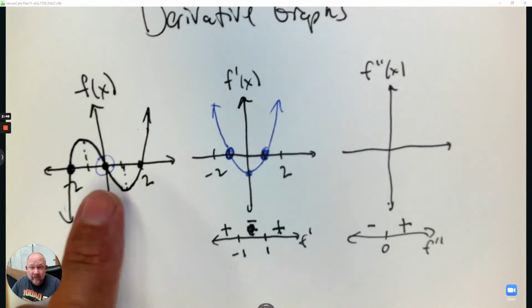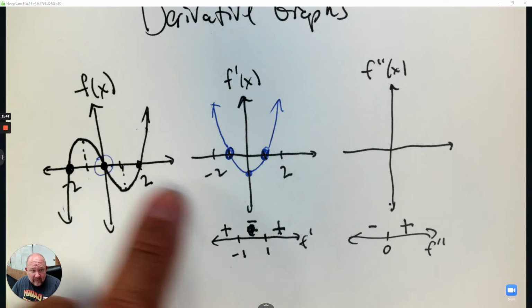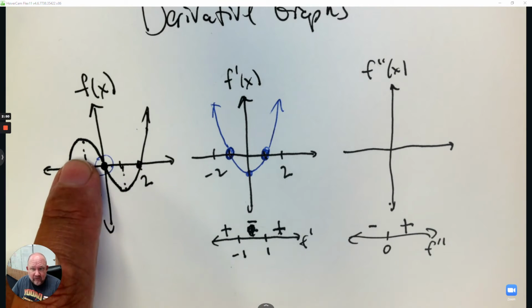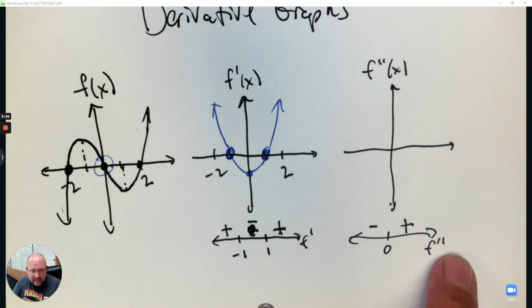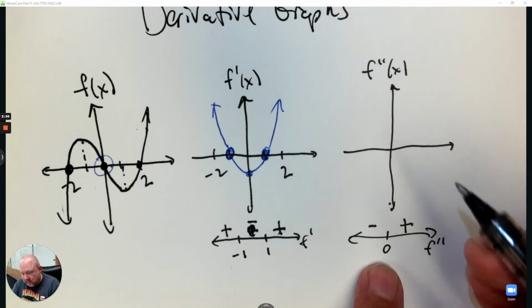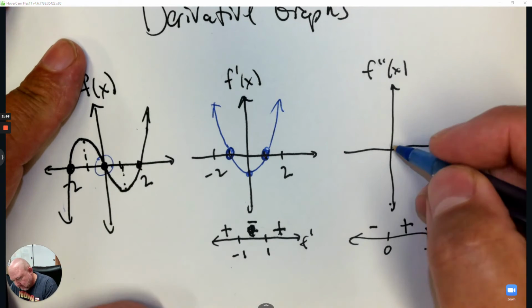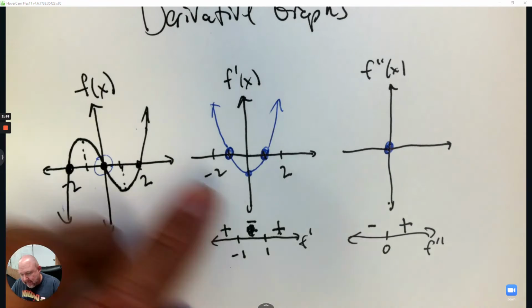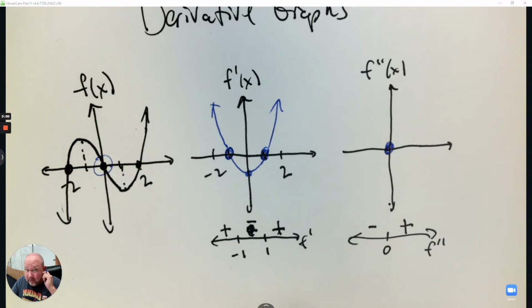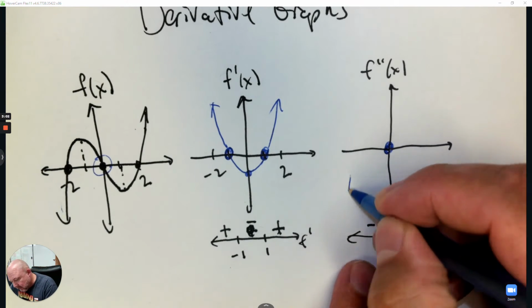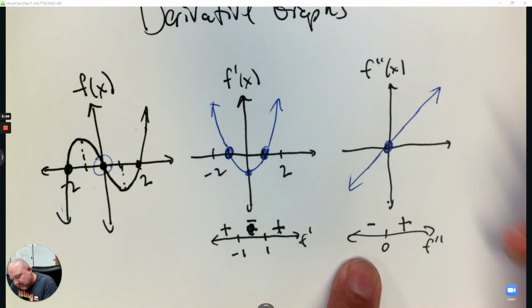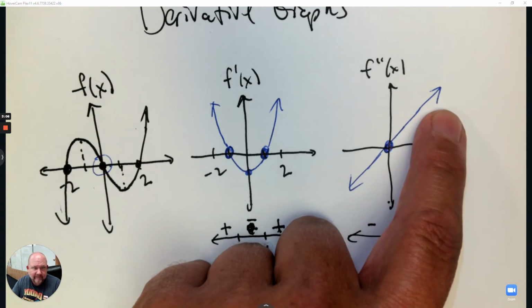We could also go from the original: concave down is negative, and after 0, concave up is positive. So at 0 is an x-intercept. It describes the point of inflection, and it's below and then above, and it's done.